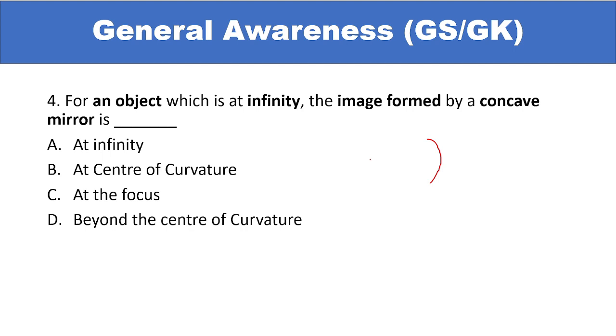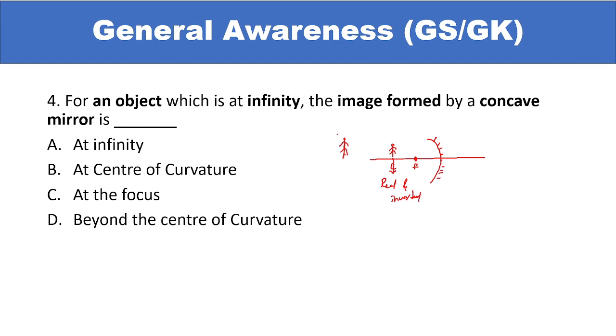So if this is the principal axis and this is my concave mirror, if the object is at infinity, you will find the image at the focus. And one more possibility is if the object is at the center, we'll get the image at the center only, and it will be real and inverted.